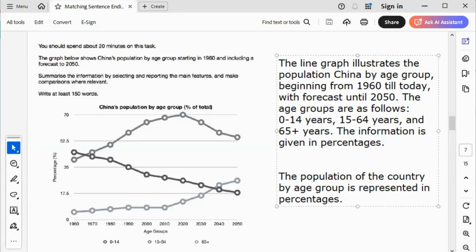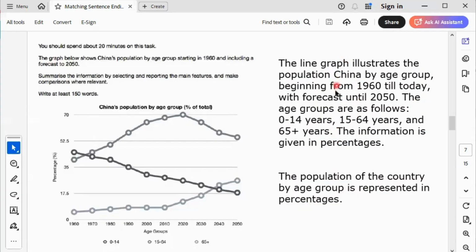This part that I wrote here, I picked it from the title of the chart. Look at it here: China's population by age group. So I just said the population of the country by age group is represented in percentages. That's it. So this is my introduction.